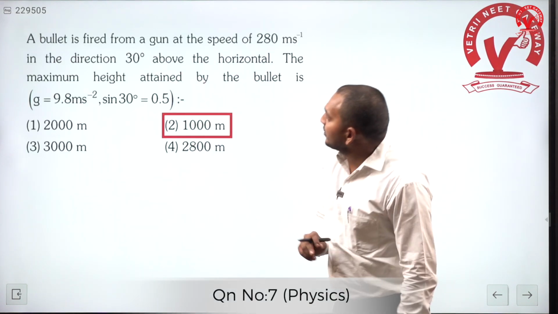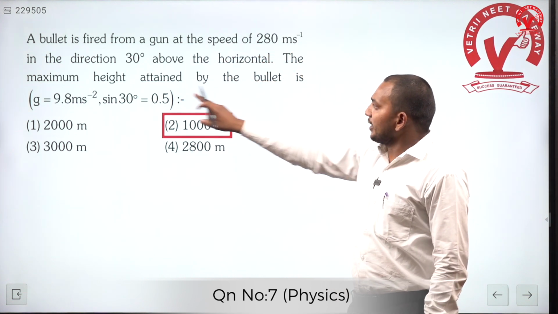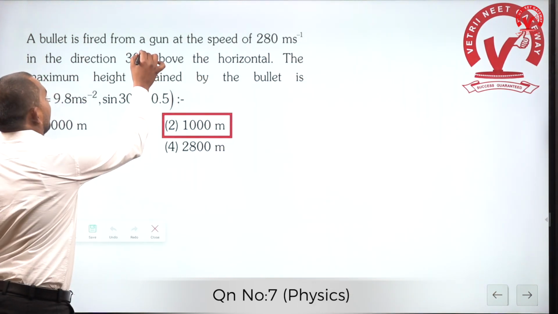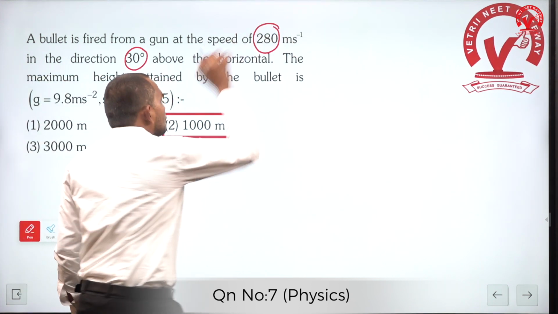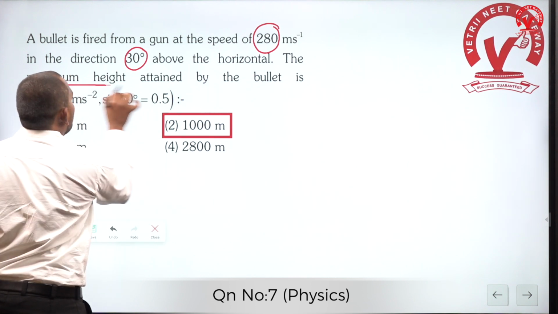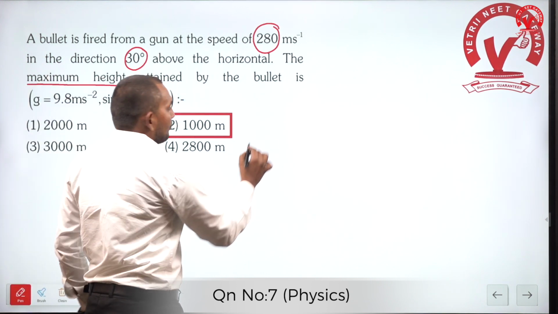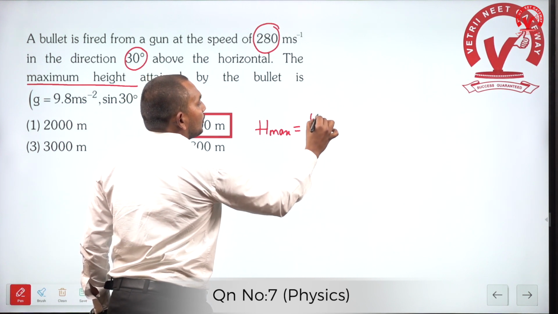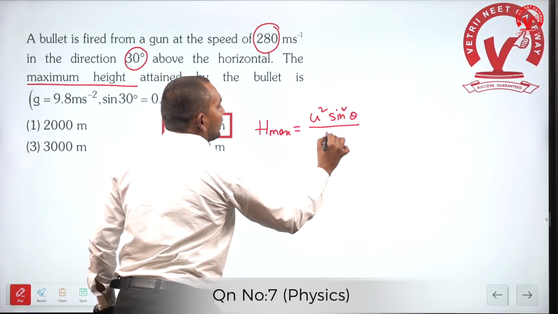A bullet is fired from a gun at a speed of 280 meters per second in the direction of 30 degrees. Here they gave the angle 30 degrees and the speed 280. They are asking to find out the maximum height. So we know the maximum height formula, H maximum is equal to U square sin square theta divided by 2g.